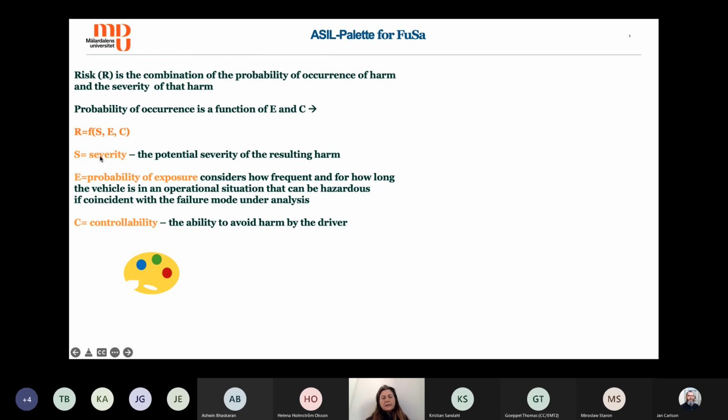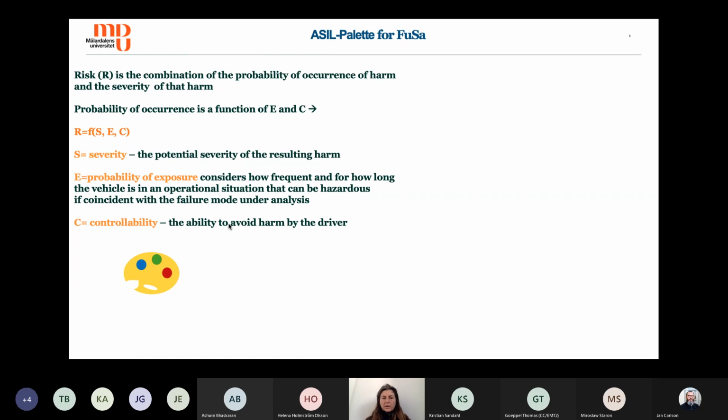Briefly, I recall that severity is the potential severity of the resulting harm. The probability of exposure considers how frequent and for how long the vehicle is in an operational situation that can be hazardous if coincident with the failure mode under analysis, and controllability is the ability to avoid harm by the driver.